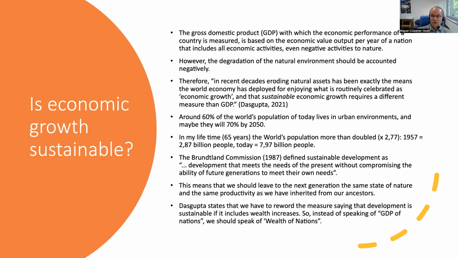And this is already the first problem. Because if you have a production system that is positive and you quantify it, it's good. But if you have a production system that is negative and you quantify it, normally this should be accounted negatively. But in GDP, we are counting it positively. For example, eroding natural assets has been counted positively into the economic growth.